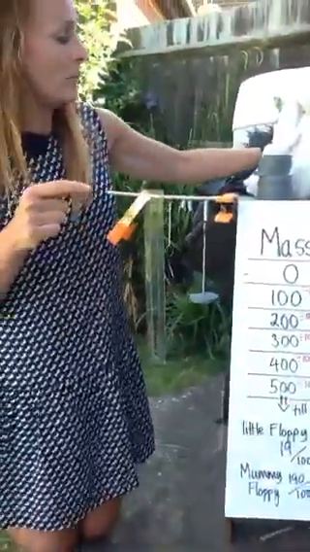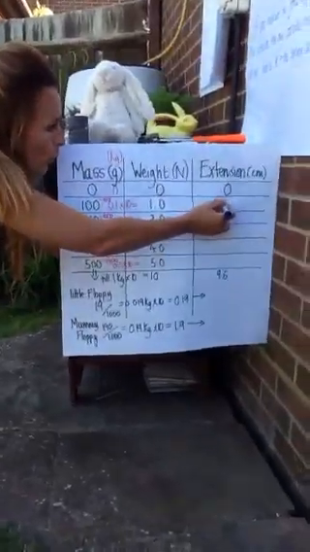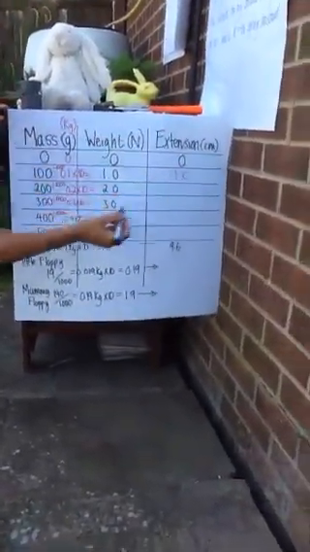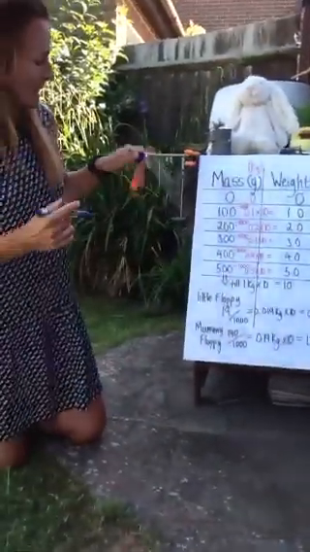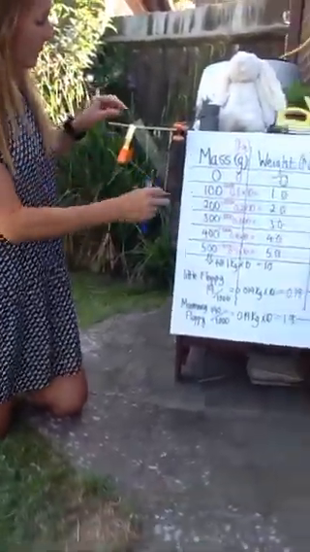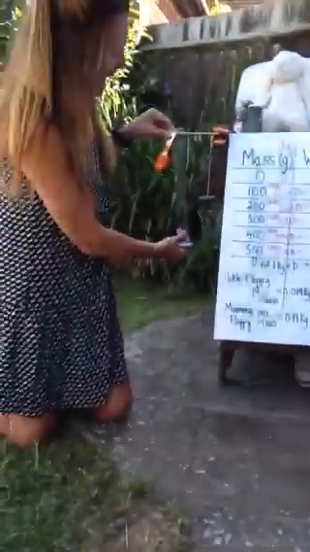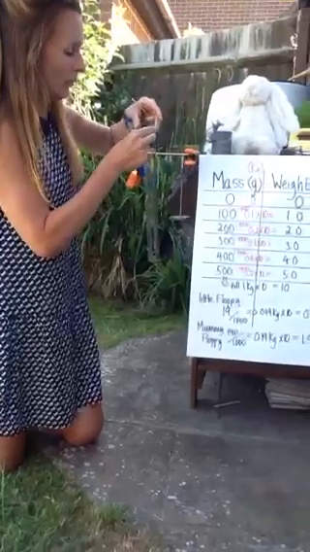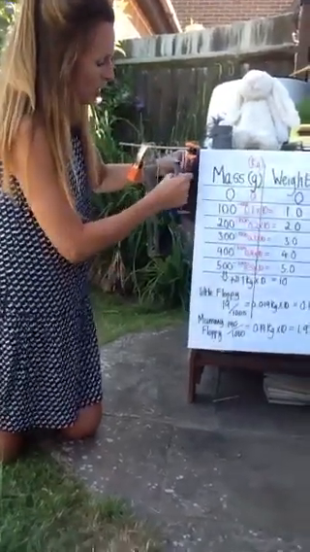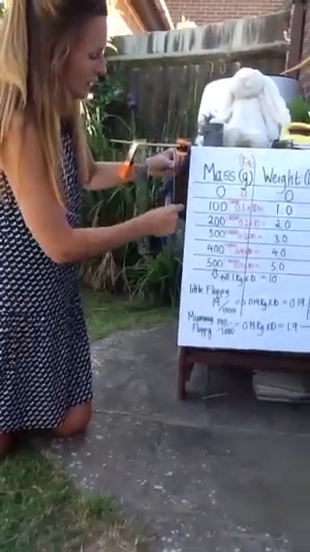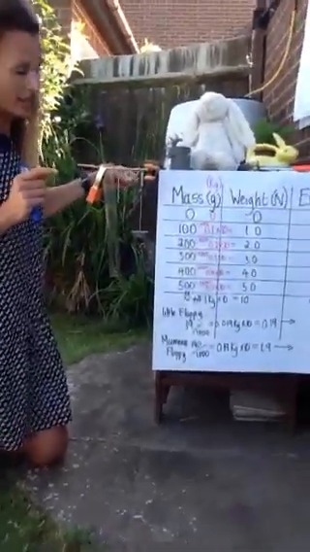Now, really importantly, when I'm putting down the extension, I need to write 1.0 in there, because actually it was 4 centimetres to start with, and it's only got 1 centimetre longer. And I did that with all of my masses. I put 200 grams on, and I did exactly the same thing again.